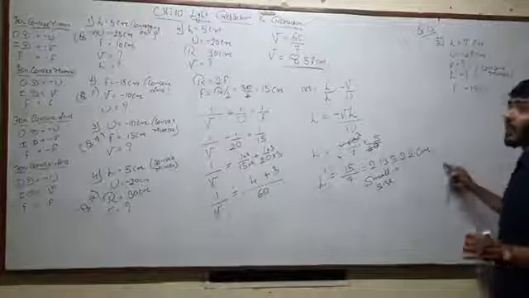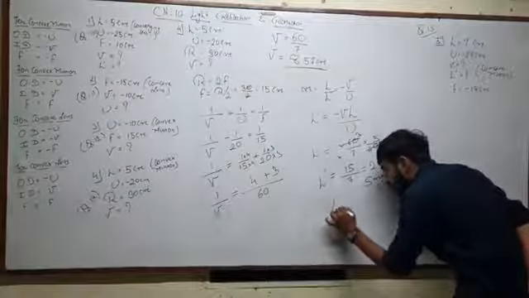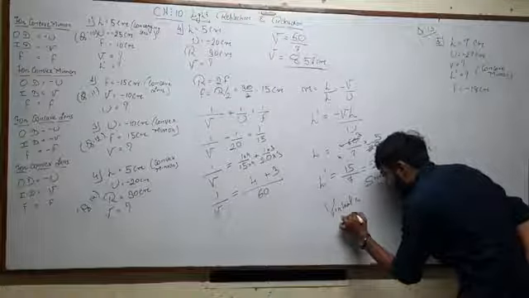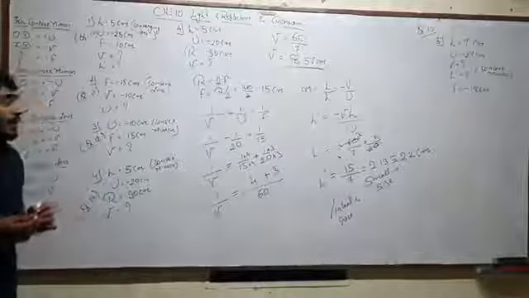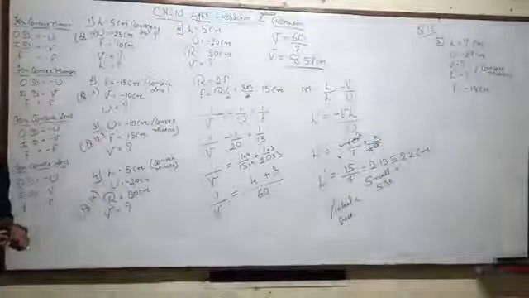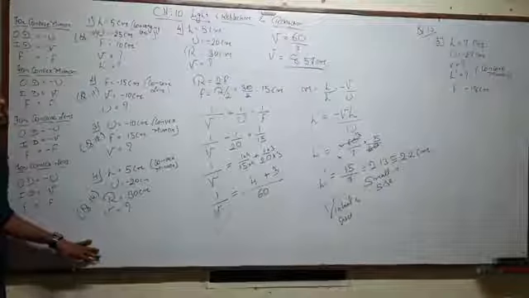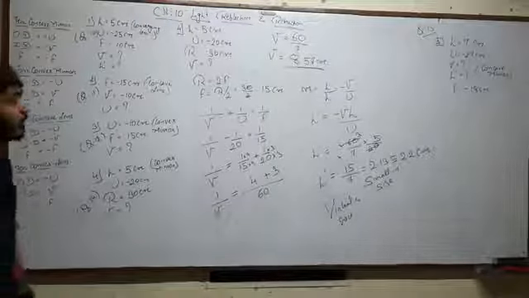And one more thing, the height is positive, that means the image is virtual and erect. I hope you are clear with this numerical. Please go through this sum once again and then we will go for the other one.